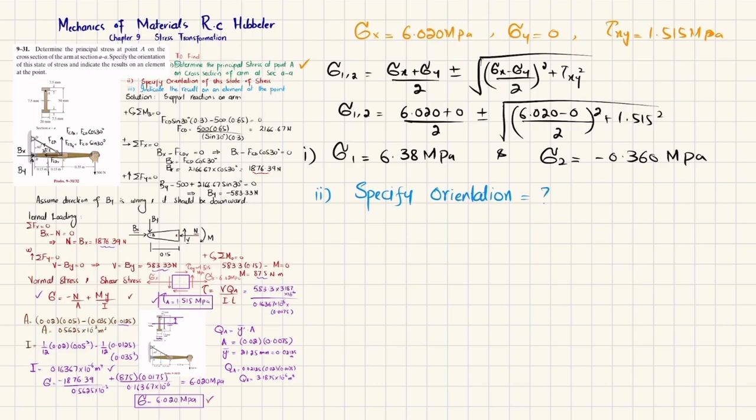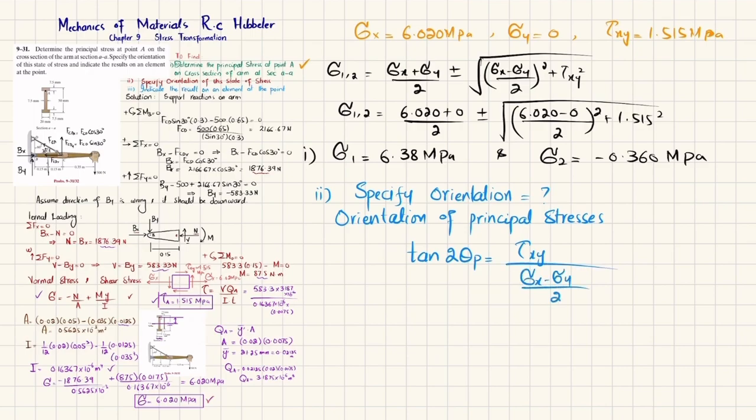Clear? So we know that orientation of principal stresses, we can find it by using this formula. Tangent of 2 theta p is equal to tau of xy divided by sigma x minus sigma y divided by 2.